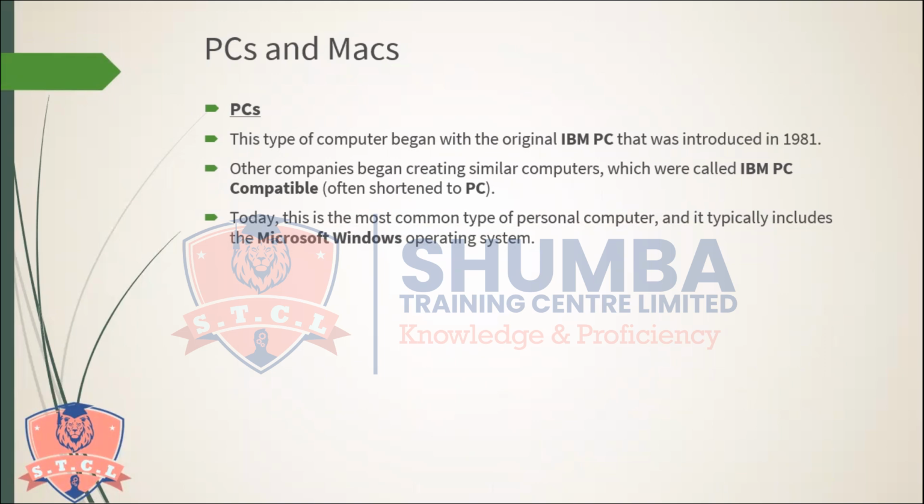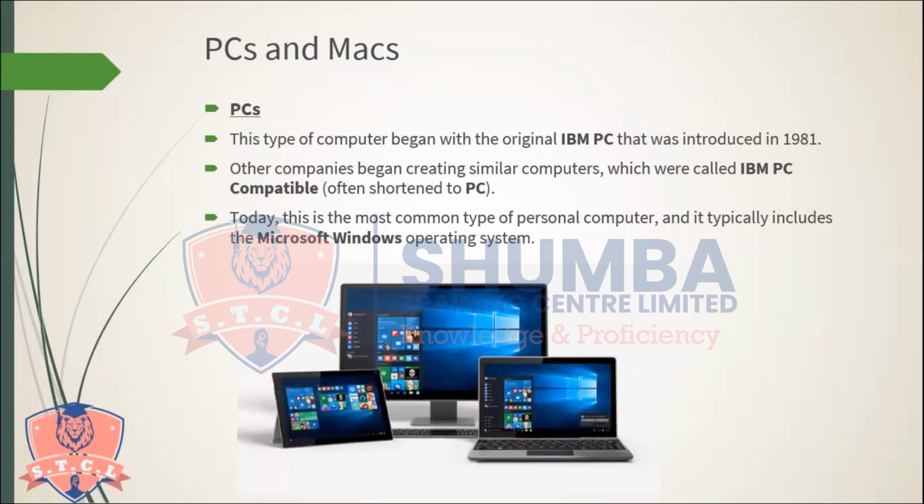Microsoft is the company that makes Windows operating systems that can run in PCs. This is an image representing a PC. You can see this is a desktop, this is a laptop, and this is a tablet. All these are running under the Windows operating system, so these can be regarded as PCs.